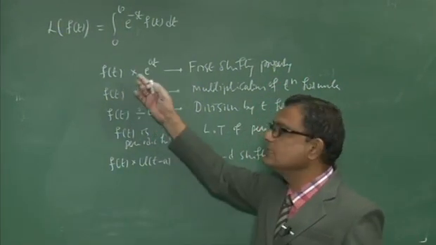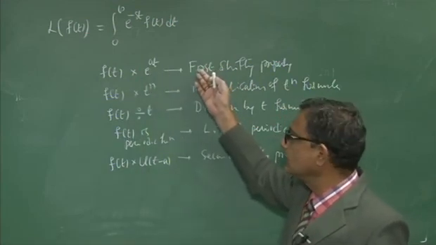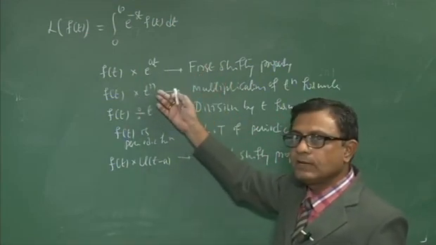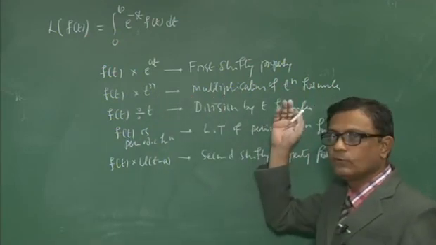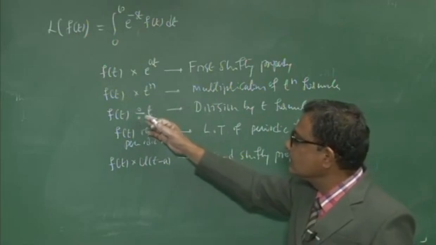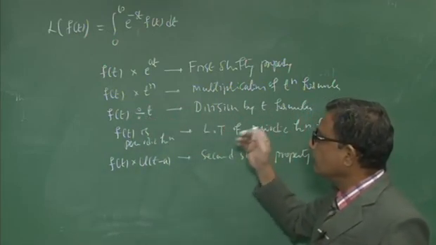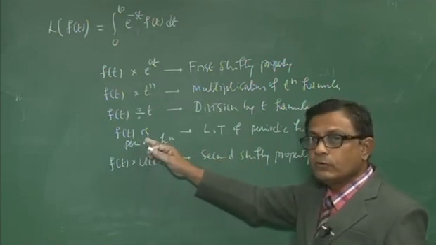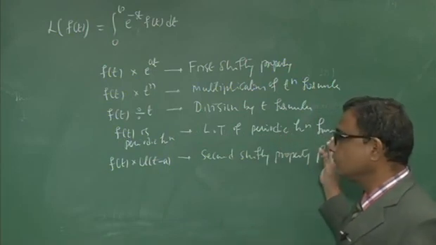If the function is multiplied by the exponential, you can use the first shifting property. If the function is multiplied by t raised to n, you can use the multiplication by t raised to n formula. If the function is divided by t, you can use the division by t formula. If the function is a periodic function, you can use the Laplace transform of periodic function formula.